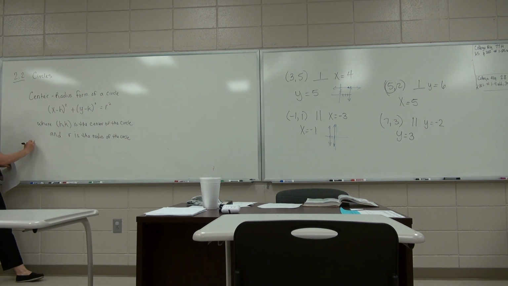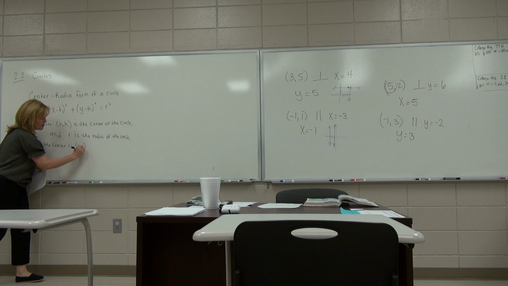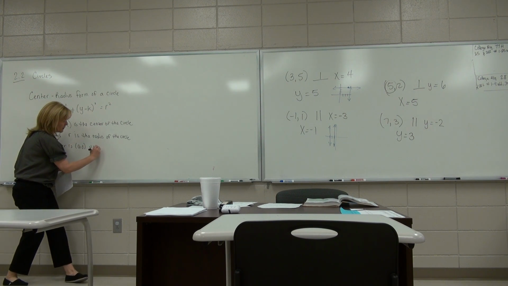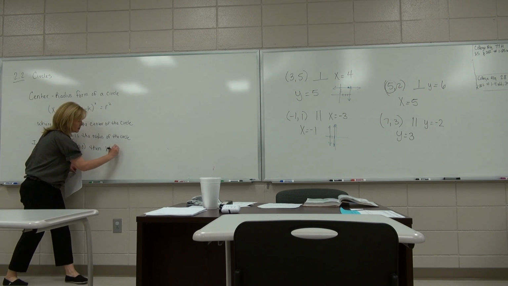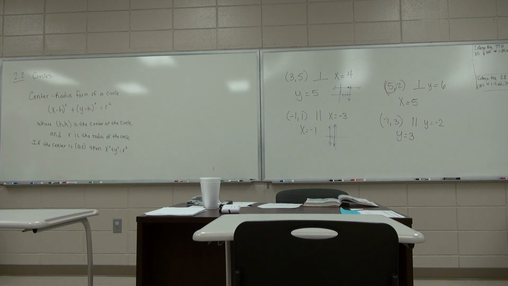And if your center is at the origin, the point 0, 0, then you would have x squared plus y squared equals r squared. And we're going to be using this a whole lot.